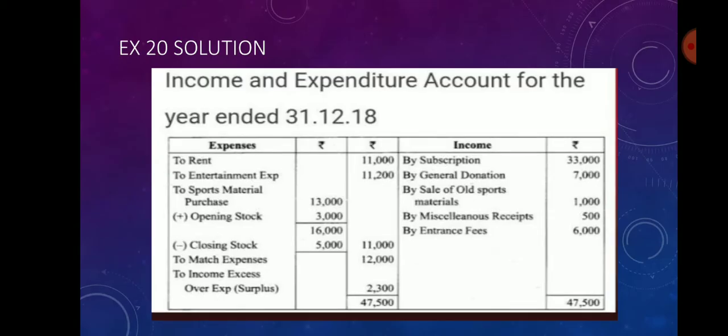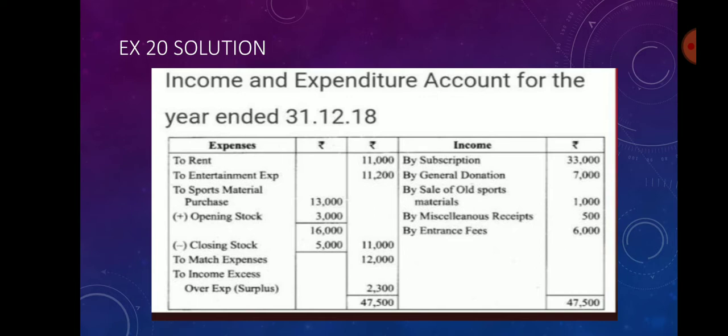So in this sum, prepare income and expenditure account and then balance sheet for the year ended 31st December 2018. In this problem we have to open two accounts. One is the income and expenditure account and then the balance sheet.